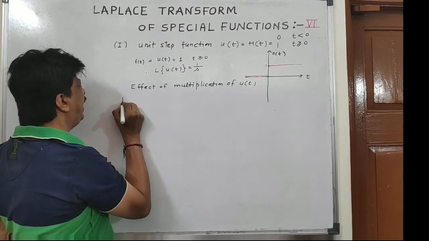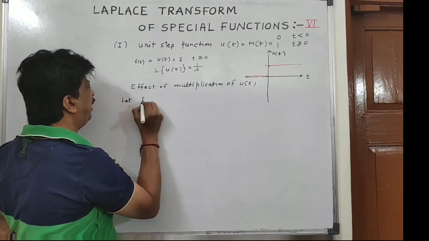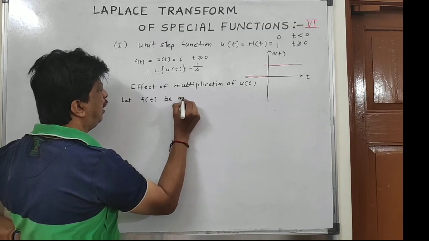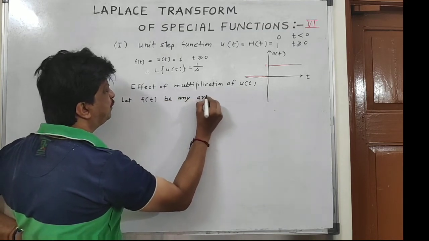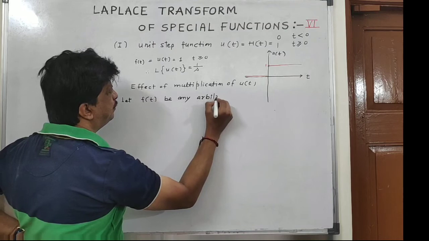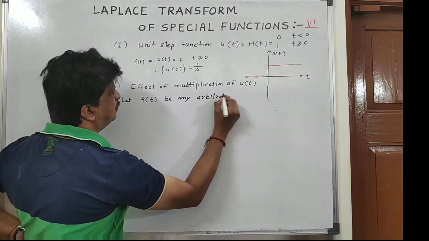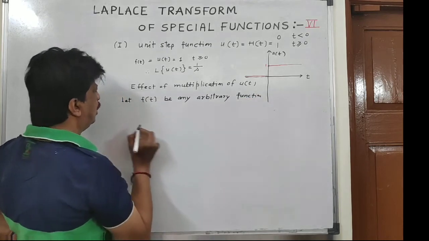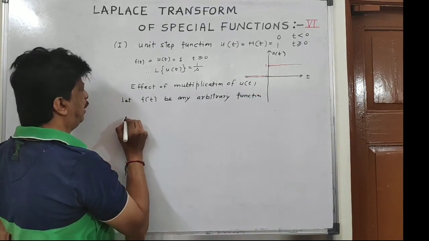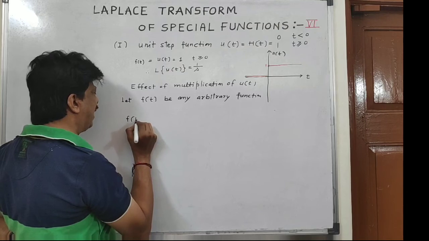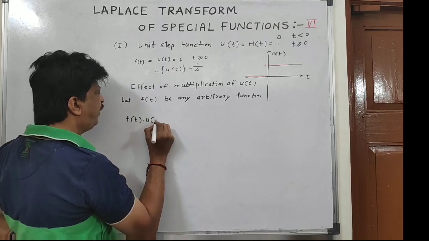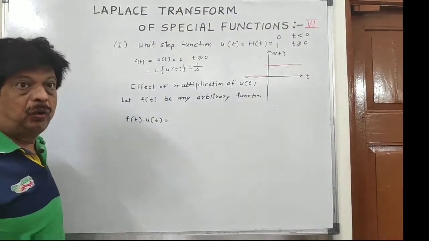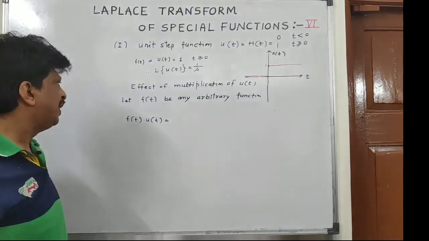So consider any f of t, an arbitrary function. Now, if f of t is multiplied by u of t or h of t, what would be its effect? That we shall see.